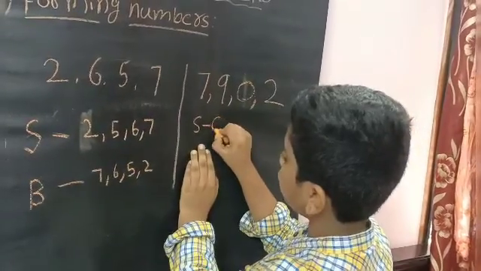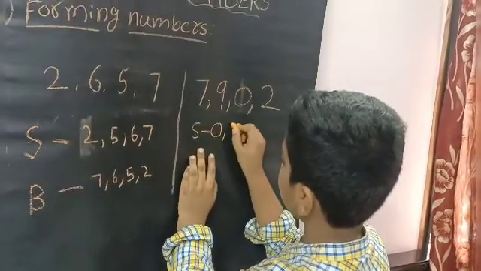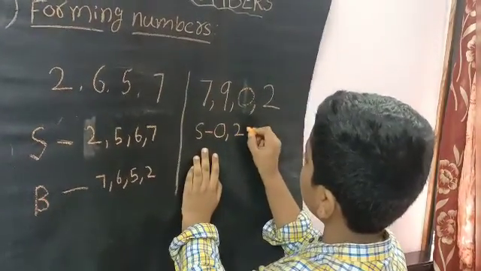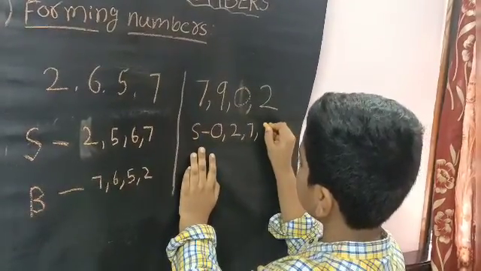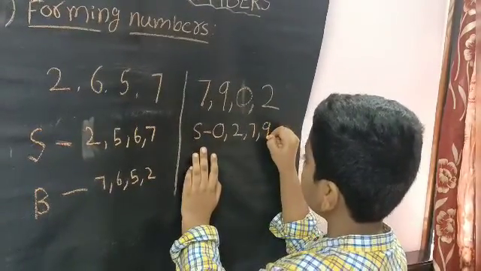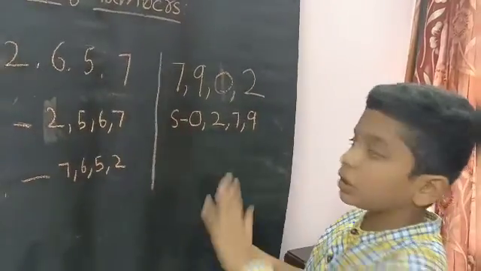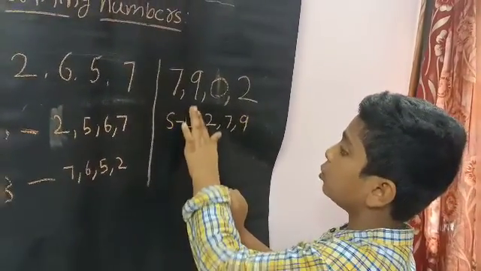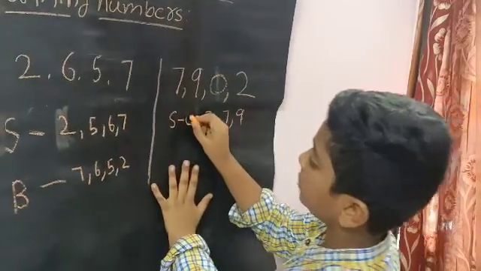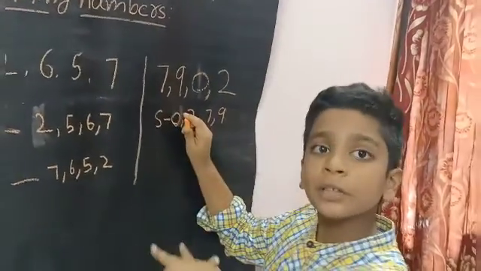First will come 0. Next 2. Next 7. And next 9. So this 0 has no value. So we will write 279. But we will keep 0 before it. And I will write another smallest number.